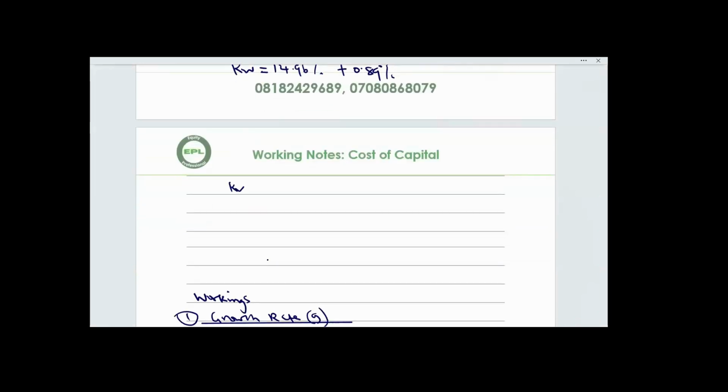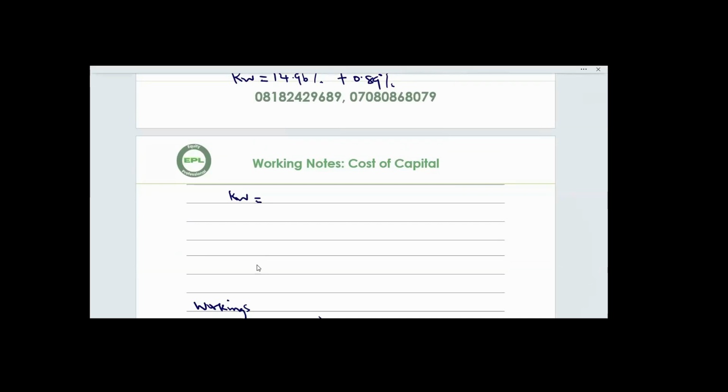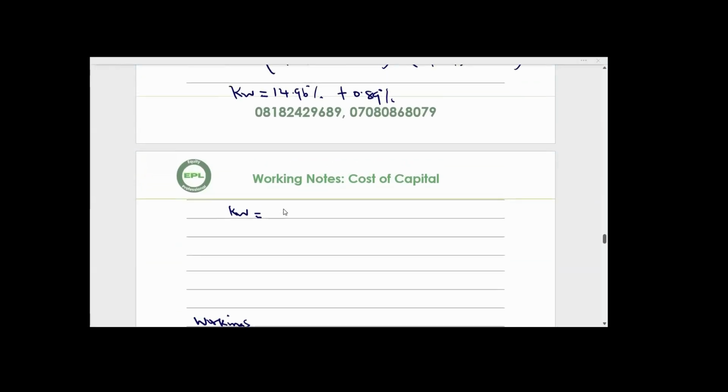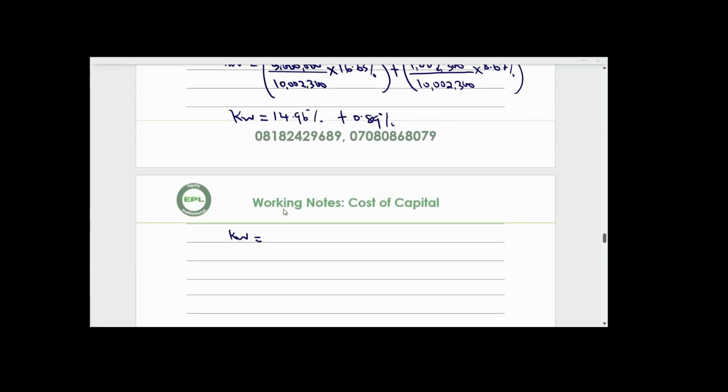Then our WACC will be equal to 14.96 plus 0.89 equal, that's 15.86.